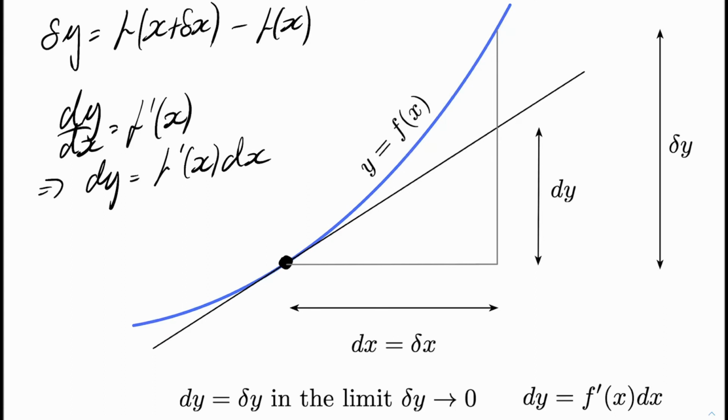This relates to differentials dx, which is this length here, and dy, which is this length here. In the limit that delta y goes to 0 and delta x goes to 0, we have the actual differentials dx and dy. We'll find this trick of rewriting dy by dx is equal to f prime of x and rearranging for dy equals f prime of x times dx very useful in the future.